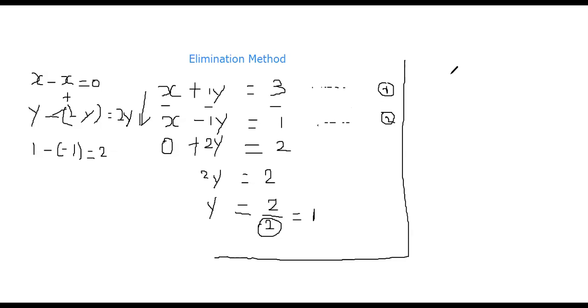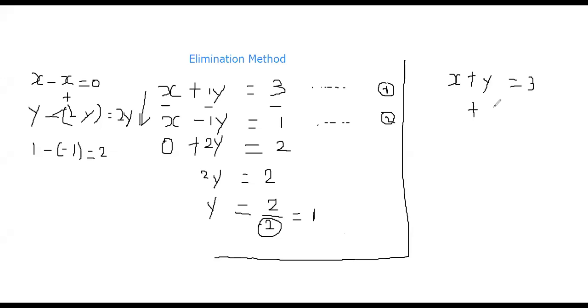So the first equation is x plus y equal 3, all right? So now, as I said, you substitute the value for y. So where's the value for y? We just found it. 1. Right?